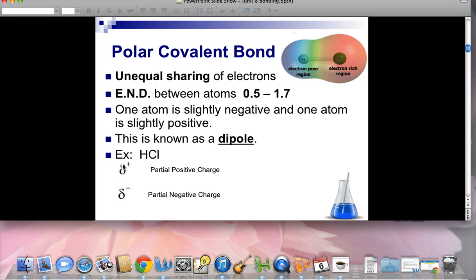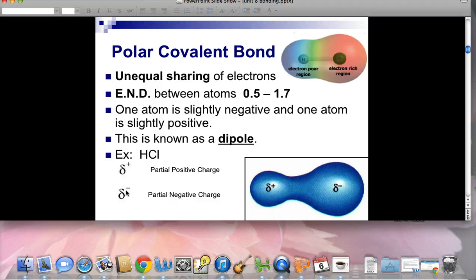And this is where we get this funky little S number 8 shape. The funky number with the plus indicates a partial positive charge, and that symbol with the negative will indicate a partial negative charge. Hence, here would be an example, hydrogen would be here, and chlorine over at this end.